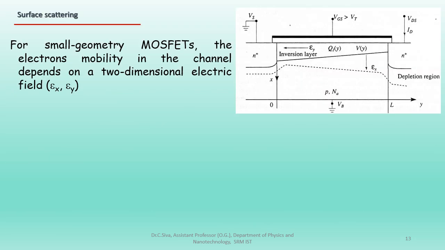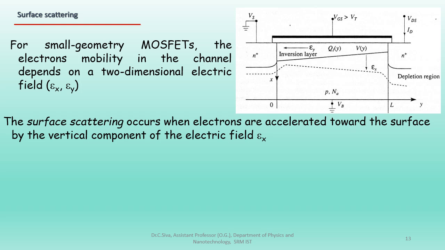Surface scattering effect. In nanoscale geometry, carriers are pushed towards the oxide interface by vertical electric fields.